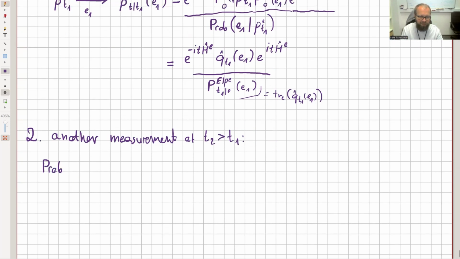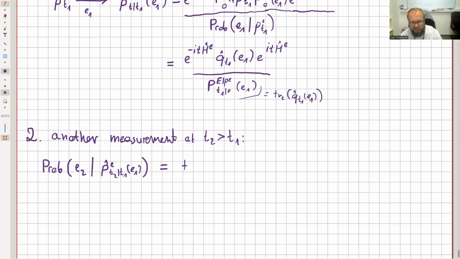So the probability of getting E2 given that your state was collapsed at time T1 and now it's time T2. And you do the math.